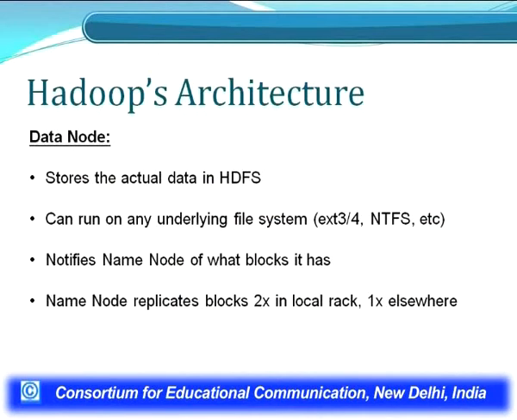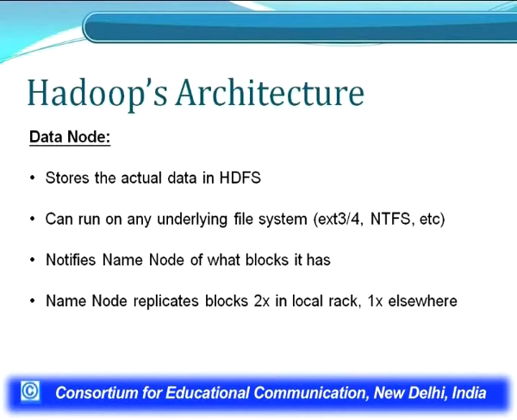It can run on any underlying file system, such as ext3, ext4, HDFS, etc. The data node notifies the name node of what blocks it has. It is very important in the way the data node notifies the name node.